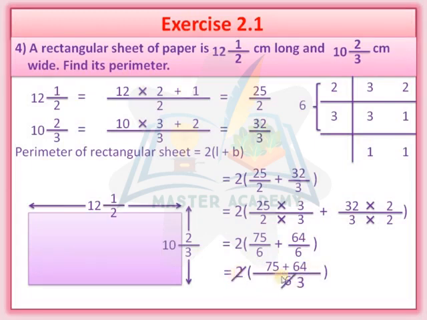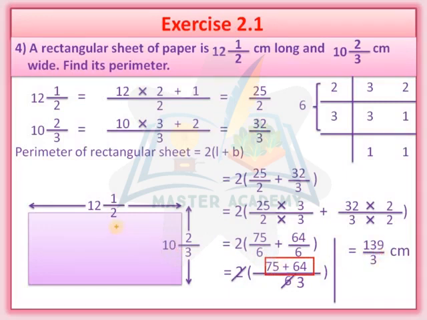Here you can see 2 and 6. 2 threes are 6, so 2 cuts in the numerator and the denominator. So the remaining is, if you add, 139 upon 3. What we have done here, beta, we add these two numbers: 75 plus 64 is equal to 139 upon 3.